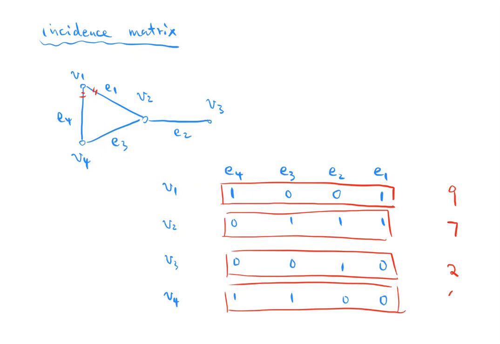Oh, sorry, did I make a mistake? That's 12. That's 12, right? Now we see how we can get numbers. All right. So we get these numbers.